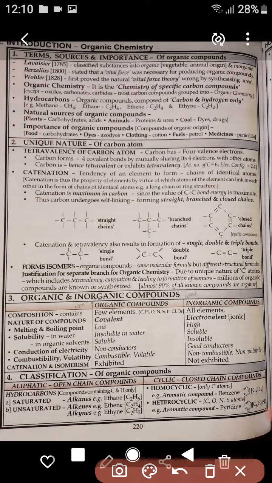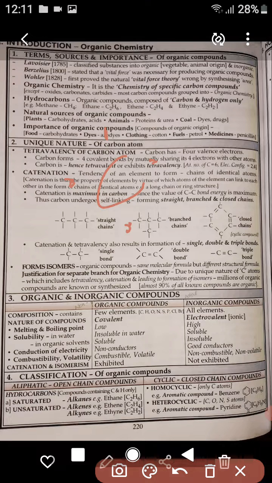It has four electrons in its outermost shell, so it has a valency of 4, and these four valence electrons are the reason for the formation of four bonds when it reacts with any kind of element. So carbon is hence tetravalent or exhibits tetravalency.